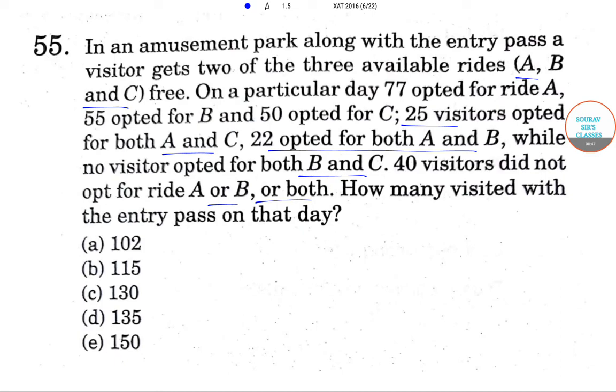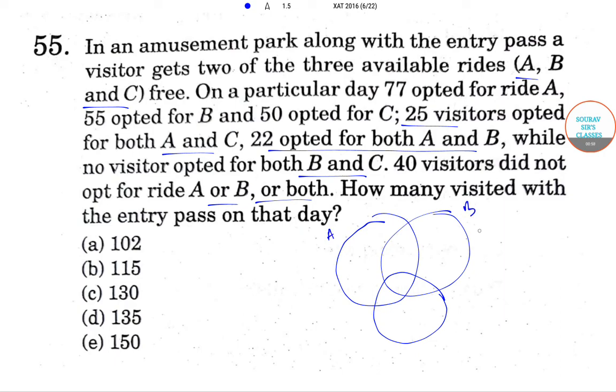So, let us draw a Venn diagram first. Since we have 3 rides, let this be A, this be B, this be C. Now, we have been given that 25 visitors opted for both A and C. So this is 25. 22 opted for both A and B. So 22 over here.